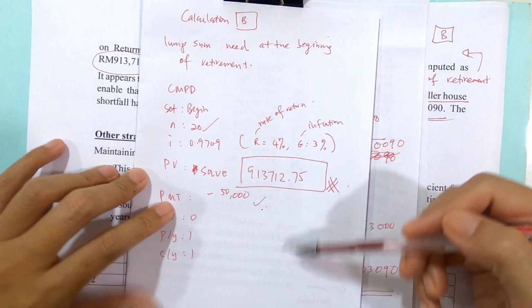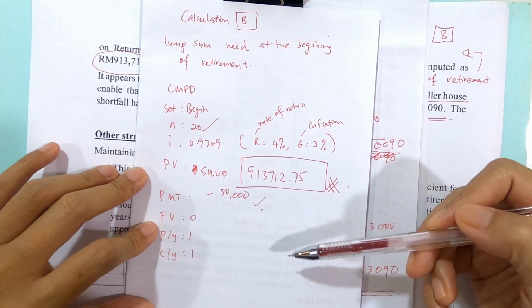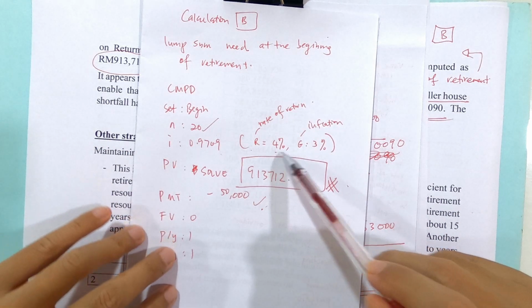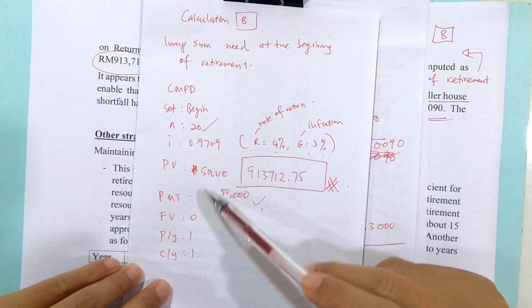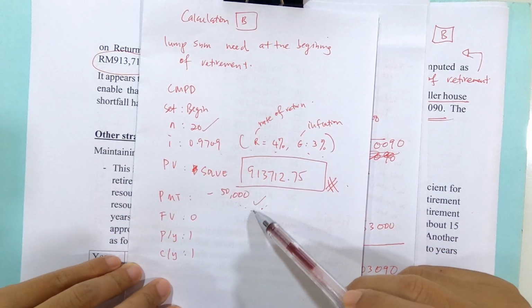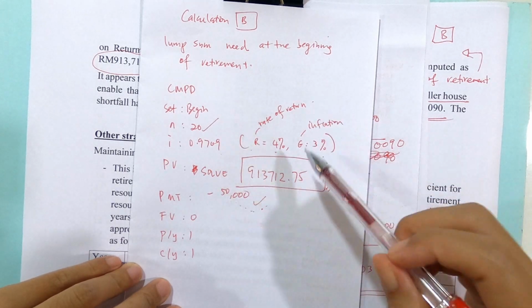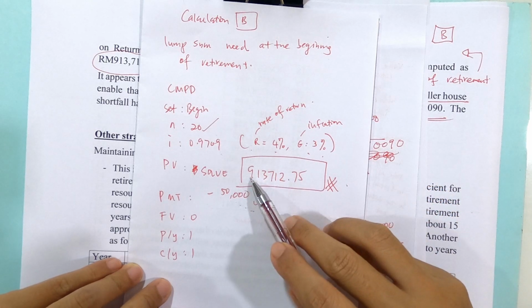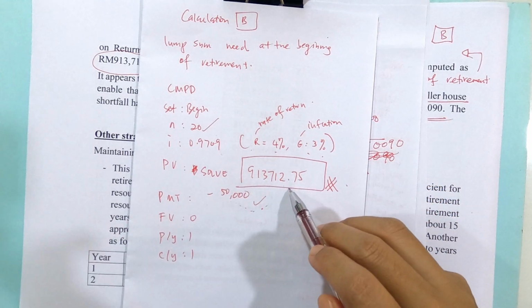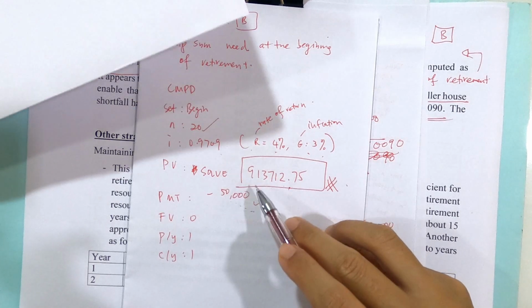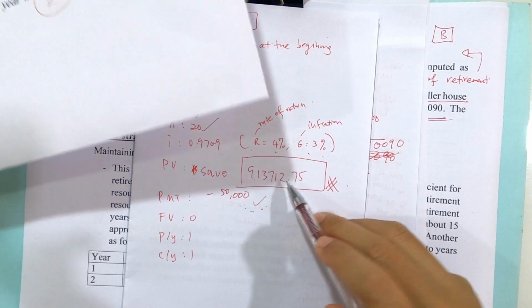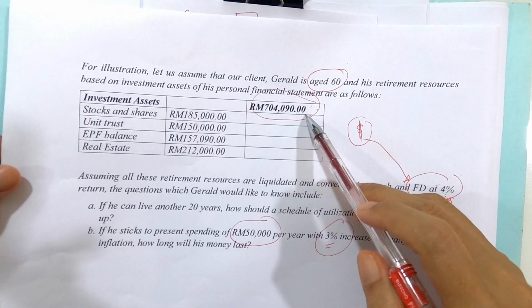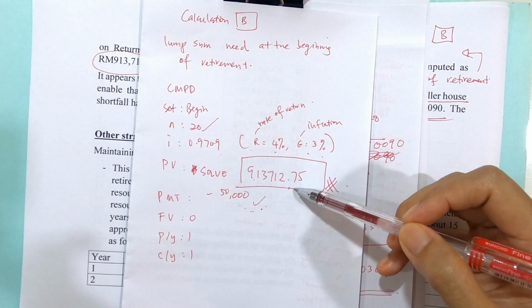So let's put this into our calculation using CMPD. Begin mode, I is the rate of return of 4% and the inflation rate is 3%. Payment is negative 50,000 for 20 years. We can see that the PV, or the lump sum need at the beginning of the retirement, is 913712. So it is obvious that this figure, 913712, compared to the current asset that the client has, 704090, is much lower than this figure.